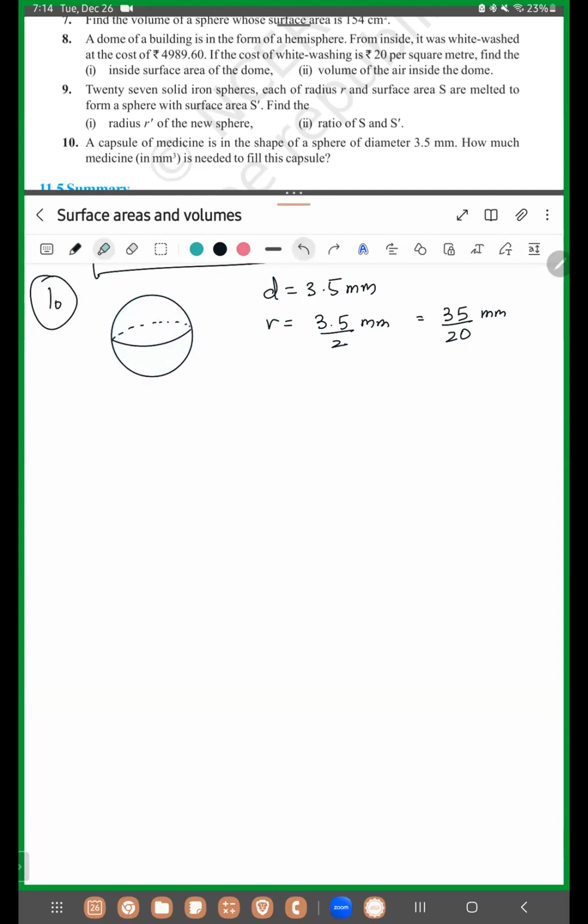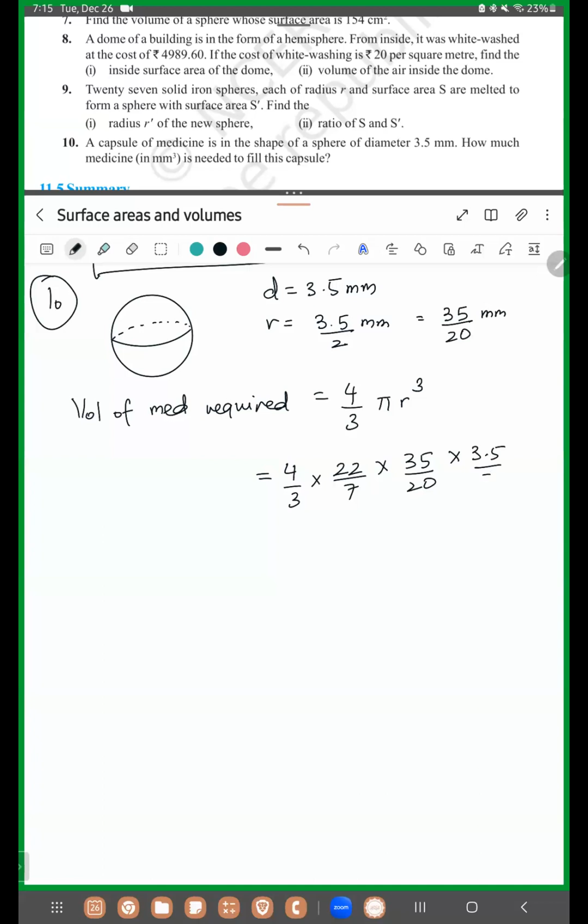So they're talking about the volume of medicine required, which is equal to 4 by 3 pi r cube, which is equal to 4 by 3 into 22 by 7 into 35 by 20 into, I'm just gonna write 3.5 by 2.